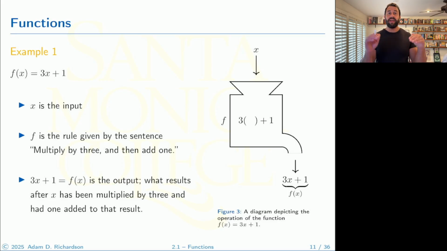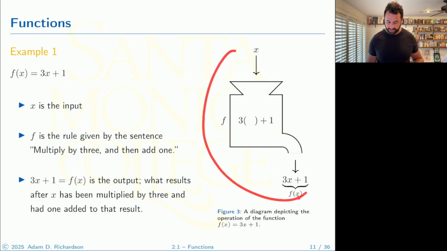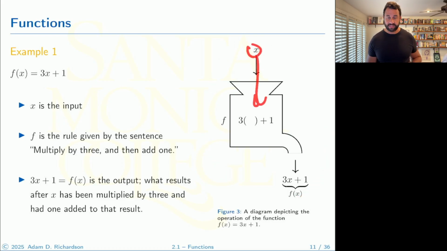That's what results after you put x into it, multiply by 3, and then add 1. This picture is very literal: x goes into the box. What does this box do? It takes whatever comes into the box, multiplies it by 3, and then adds 1. What comes out of the box? 3x plus 1, for whatever x is in the domain of this function.